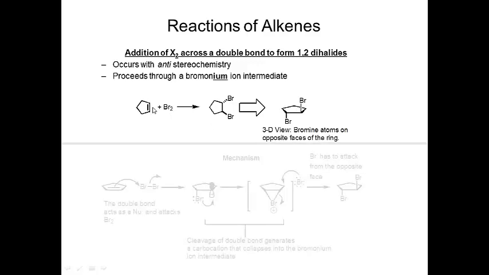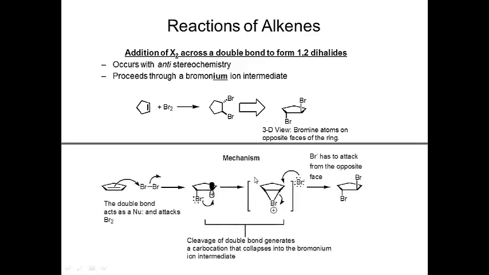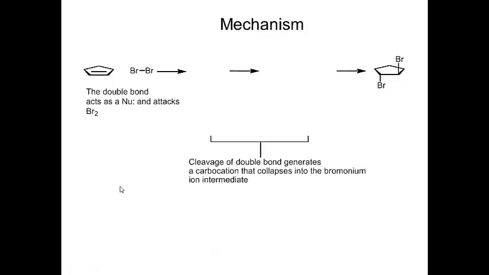So let's look at the mechanism. Here's the mechanism, and I'm going to skip to the next slide because I have it animated on the next slide. So here is my double bond. It's acting as a nucleophile, right? So the double bond attacks bromine here, causes the bromine-bromine bond to break, and I end up here where this is a carbocation because I broke the double bond.